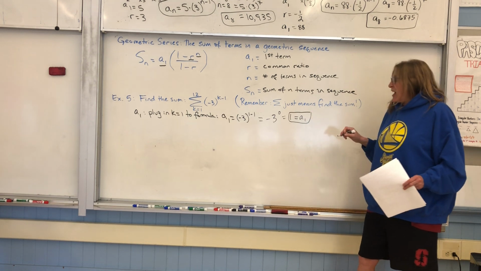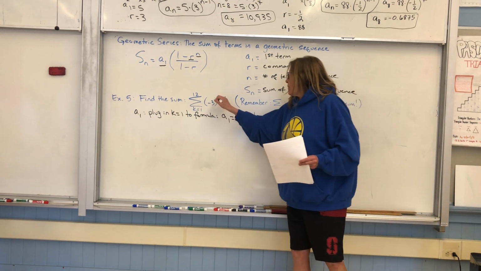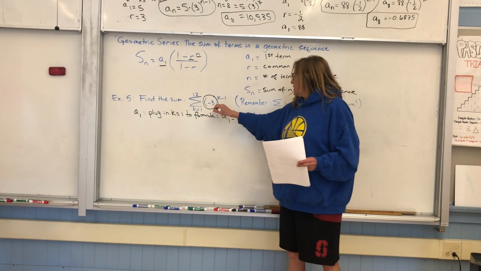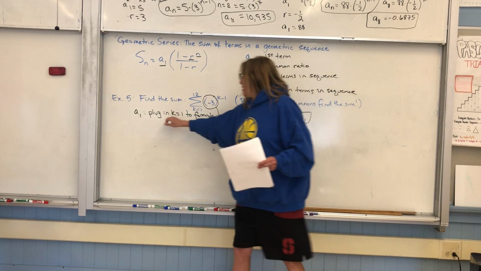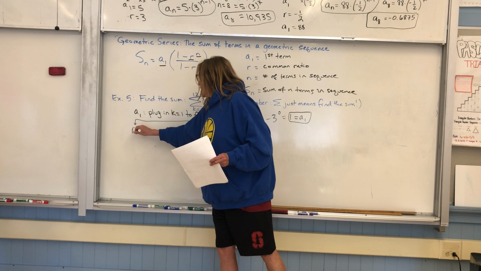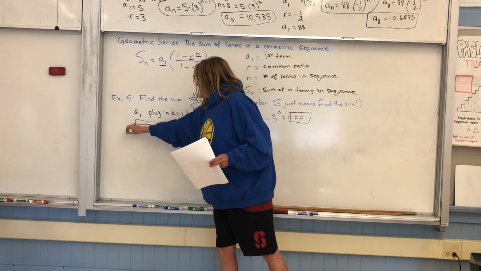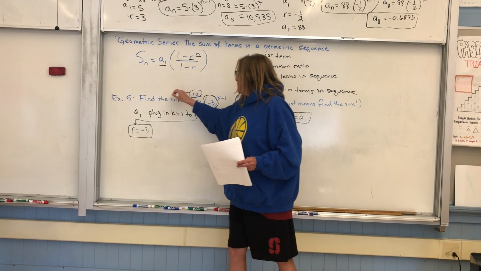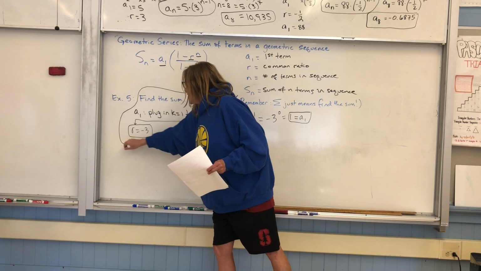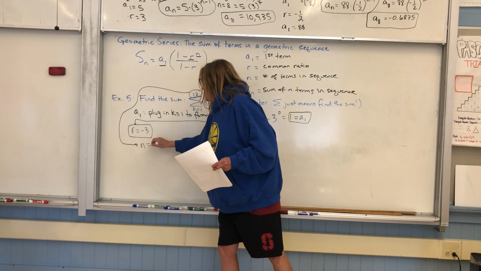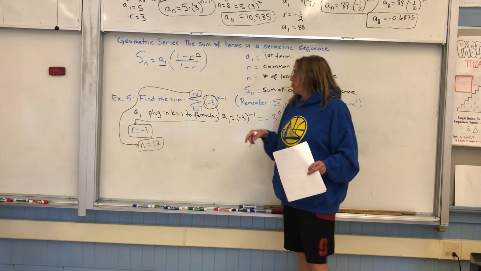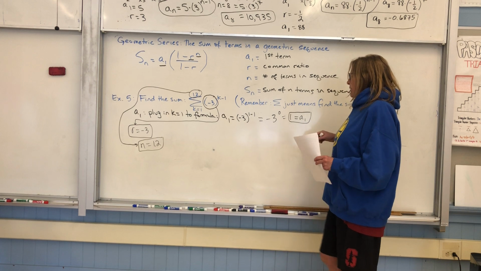Now the good thing is I can see R just with my very own eyes right in the formula. So in this case, R is equal to negative 3. And I can also see N with my very own eyes in this sigma here. N is equal to 12. Right? Because this says add up the first 12 terms in this sequence.